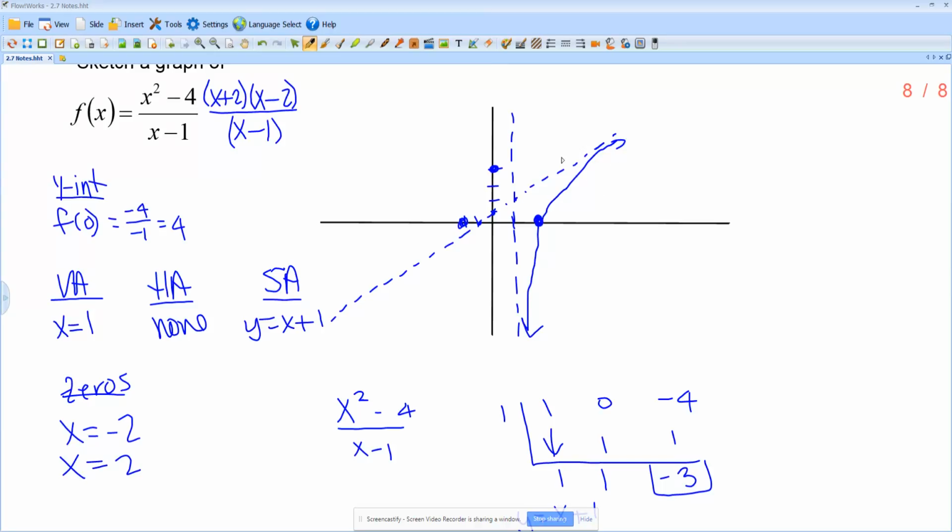I can't also have a function up here because if I did, that would fail the vertical line test. And on the left of this vertical asymptote, I have these 2 points, which means the function must be up here. And again, I can't have anything down here or else it would be failing the vertical line test. I can't cross through this because the nature of an asymptote is that I can't cross through it.